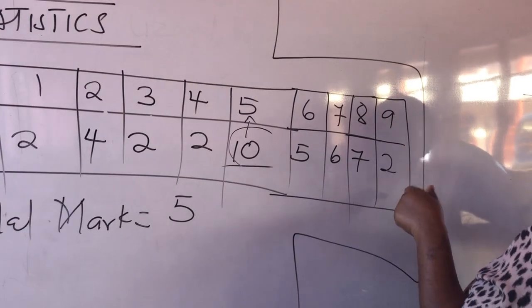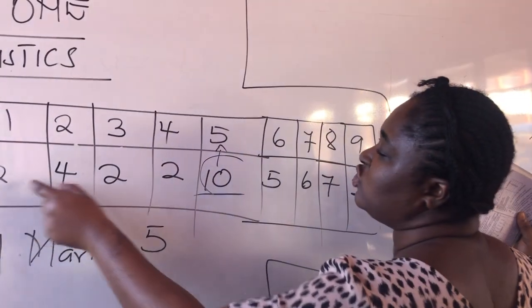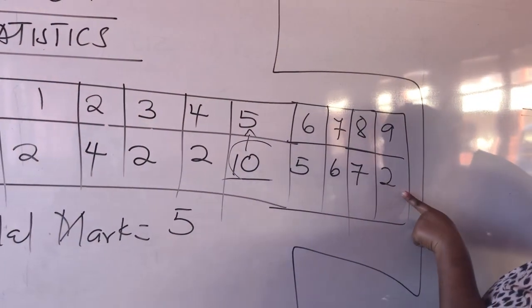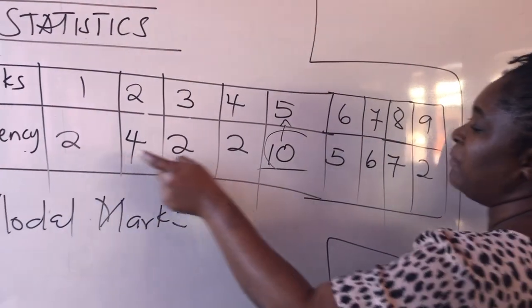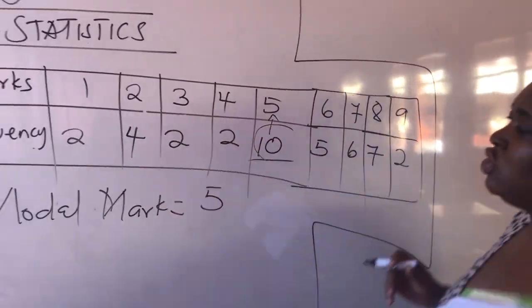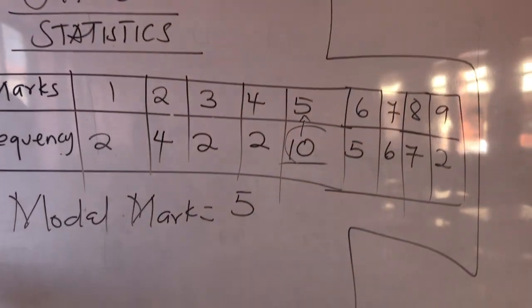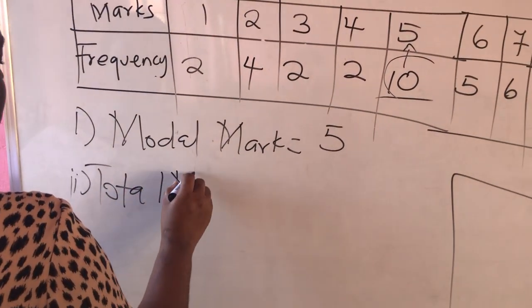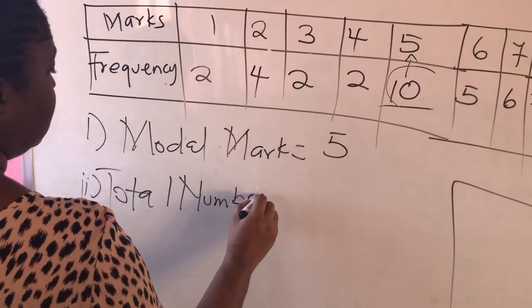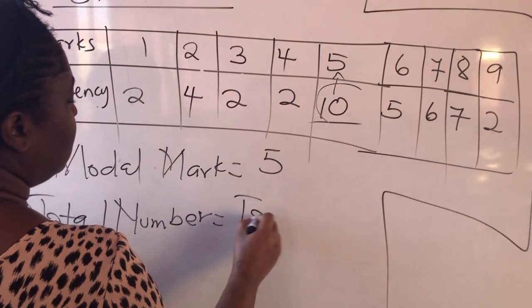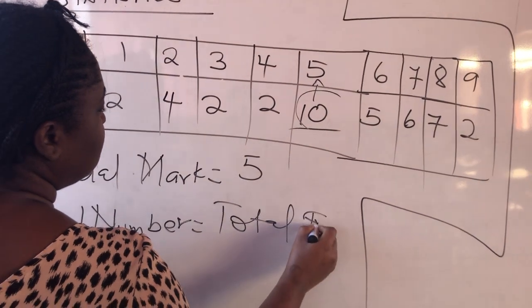So when they ask you from your table how many people took the test, you are simply going to add the frequencies, because the frequency represents the people who took the test. Right? So you can just write total number is equal to total frequency.